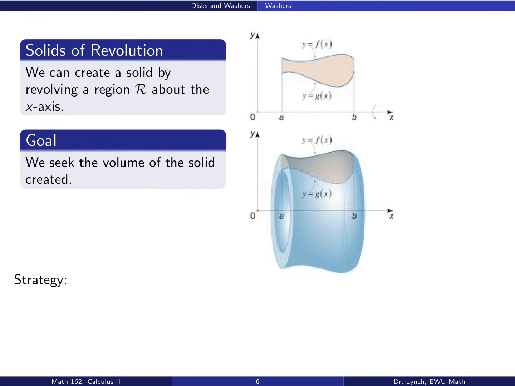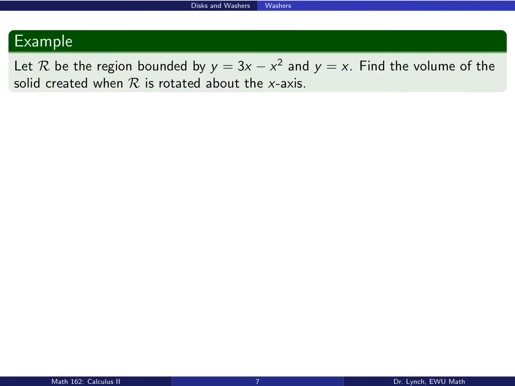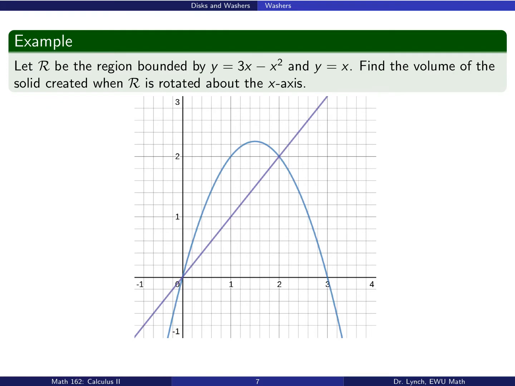So we'll illustrate the use of this strategy with an example. Here's the example. Let's think about the region bound between the curve 3x minus x squared and y equals x. We'll try to find the volume of the solid created when this region is rotated about the x-axis. Again, here we have a curve that's a parabola and a curve that's a line. You can see that the region in question is the region bounded above by the parabola and below by the line.